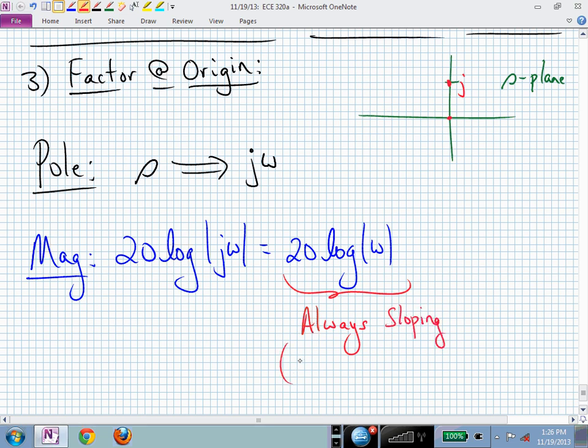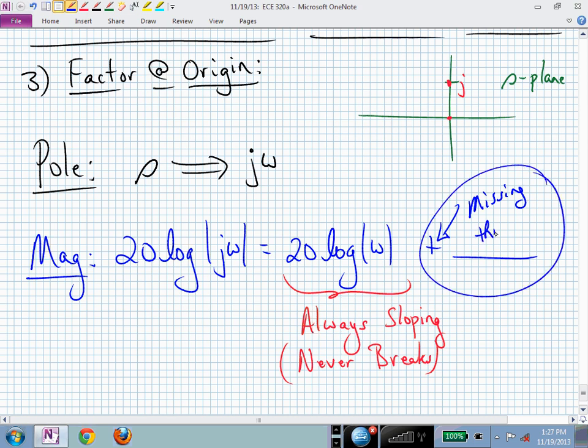It always is sloping, or it never breaks. So in this case, we do not have this additional piece that we would have in a typical linear factor.